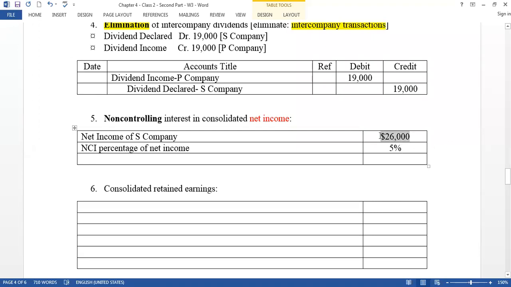This is the total net income of the subsidiary. 95% goes to the parent company, and 5% goes to the non-controlling interest. So NCI net income from the subsidiary is 1,300. This is the non-controlling interest, NCI.